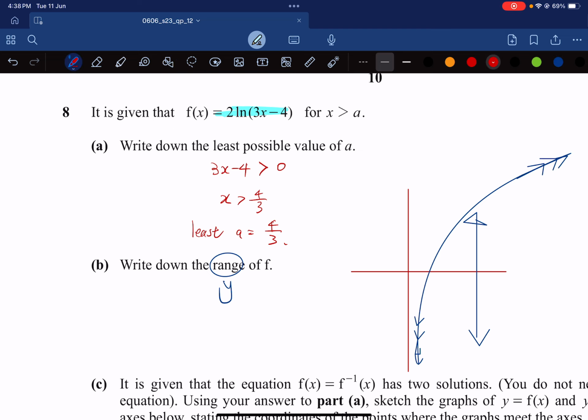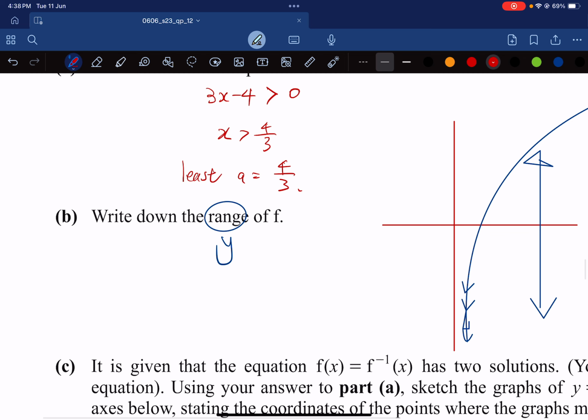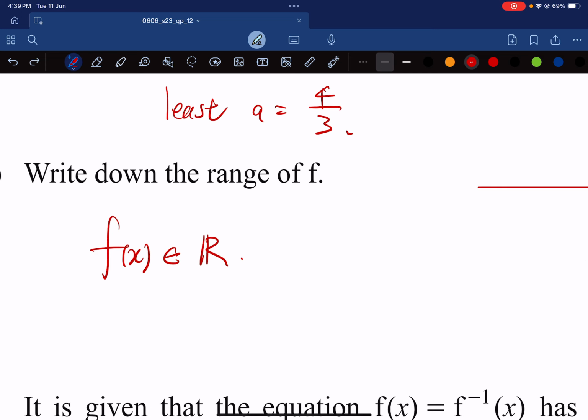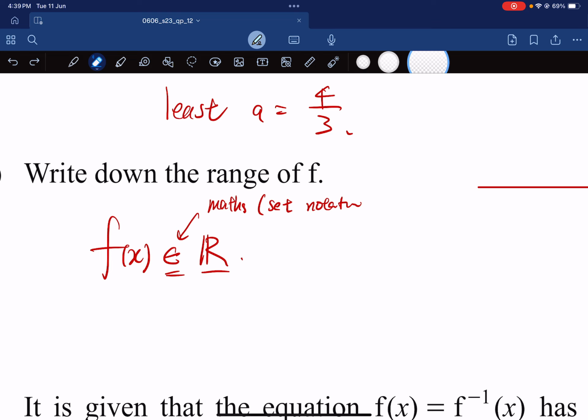So there's no restriction on the range. It's any real value. f(x) is any real value. This is the symbol you learn in math, set notation. This is 'belongs to', which means that f(x) is a value that is real.